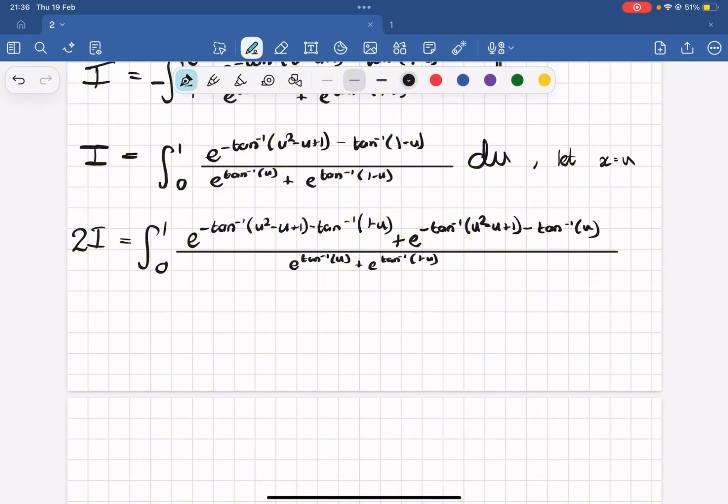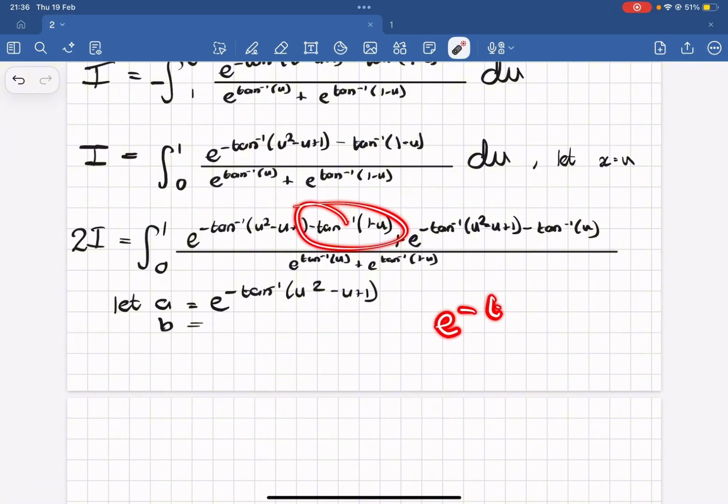So let's start off with e to the arctan of u squared minus u plus 1. Say let a equal e to the arctan of u squared minus u plus 1. Next term, arctan of 1 minus u. We've got a minus, so this term here is actually e to the minus arctan of 1 minus u.